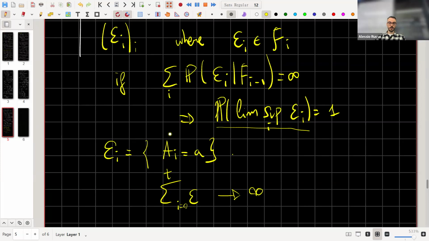The lim sup means simply that this event is happening an infinite number of times. So we are choosing arm A infinitely often, which means that we can estimate well the mean value of arm A by the law of large numbers.